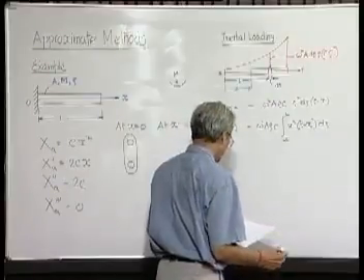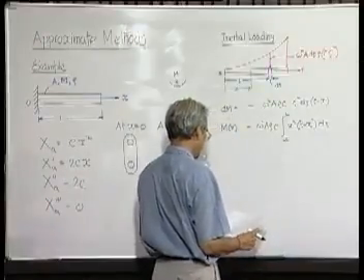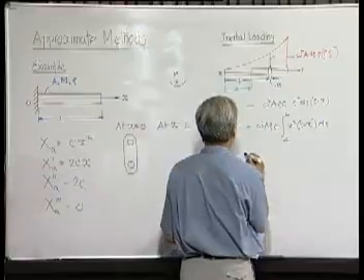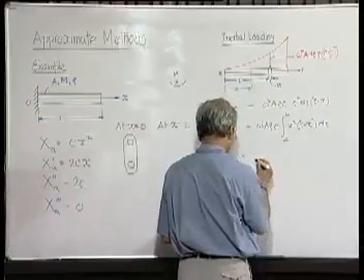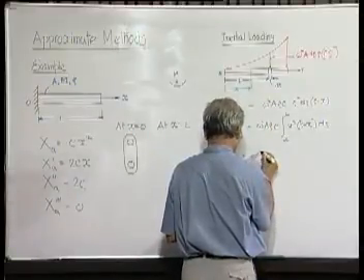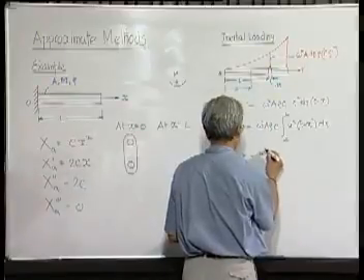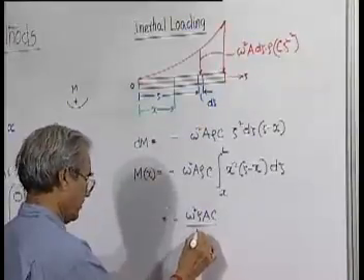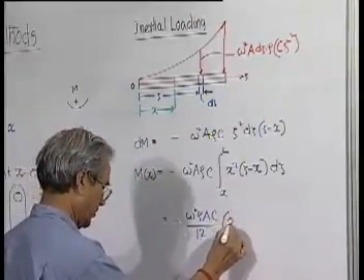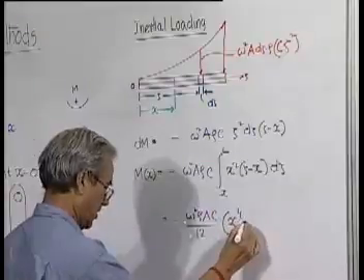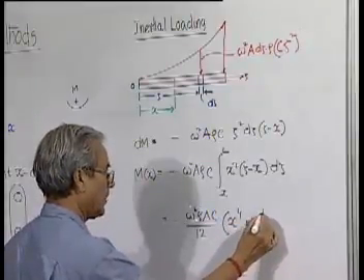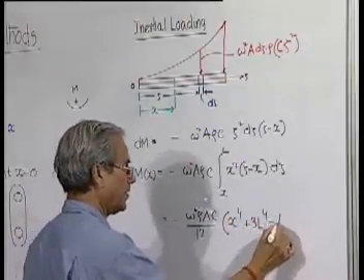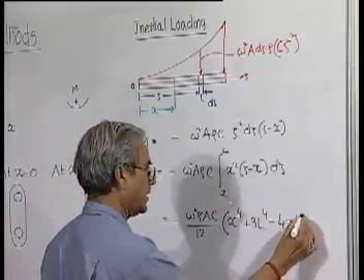So this, if we estimate, we will find is coming to be minus omega square rho A c by 12 into x to the power 4 plus 3 L to the power 4 minus 4 x L cube.